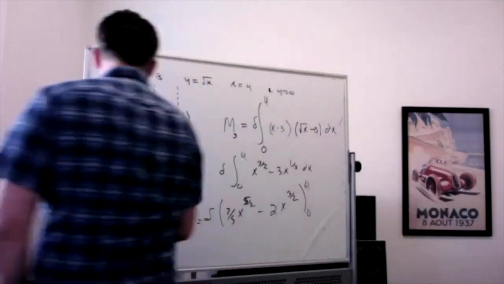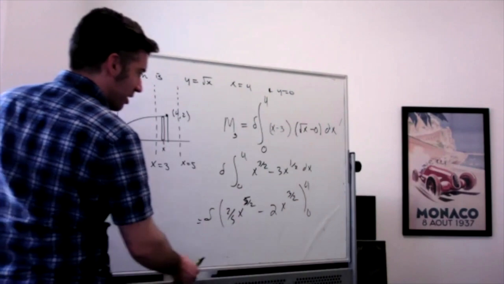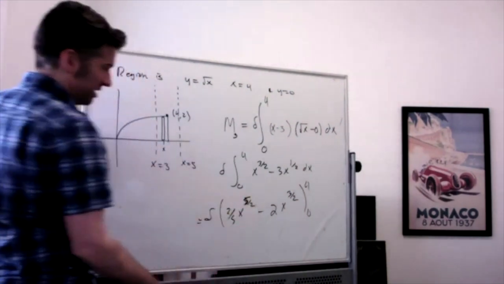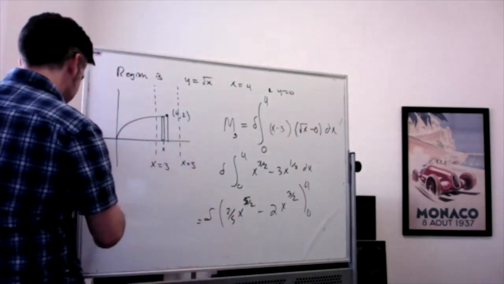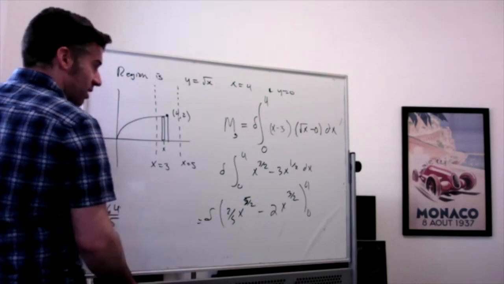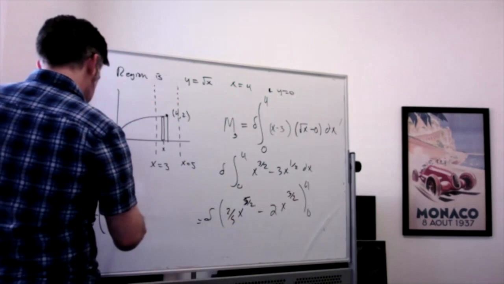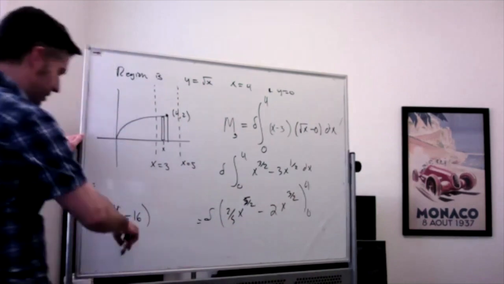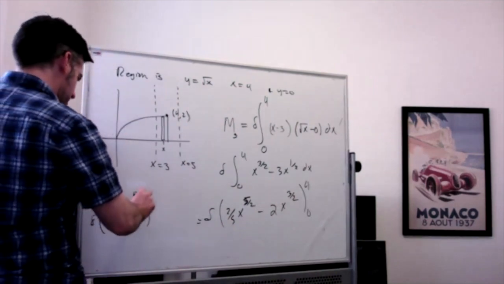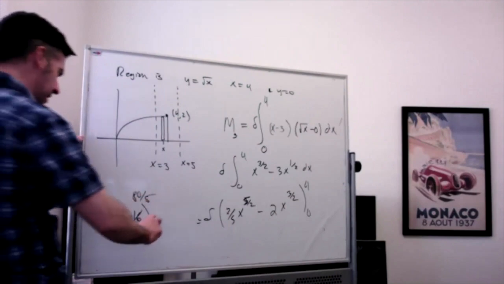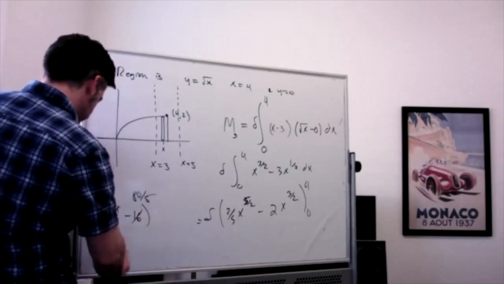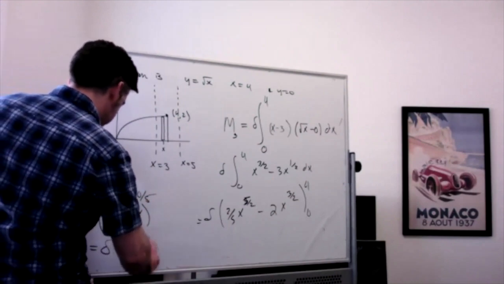And plugging it in, we get delta times 4 to the 5 halves is 32, so we get 64 over 5. And 4 to the 3 halves is 8 times 2 is 16. And 16 is 80 over 5. So we get 64 minus 80, we get delta times negative 16 over 5.